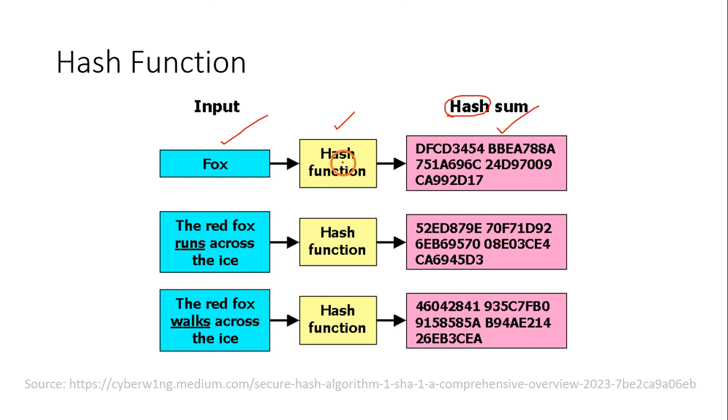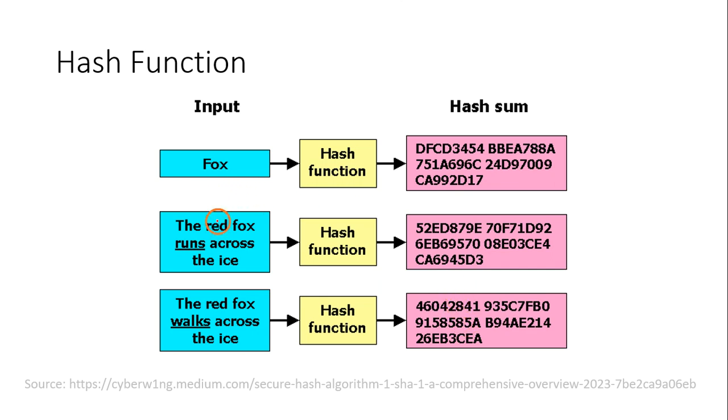The input is any text, of any length, but it always generates a fixed length output, which is called hash. The number of characters in the hash output will be the same.